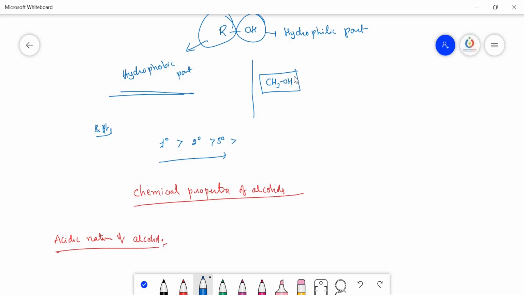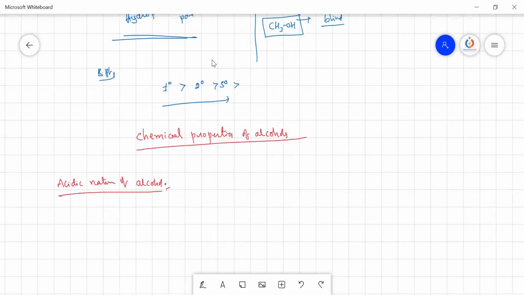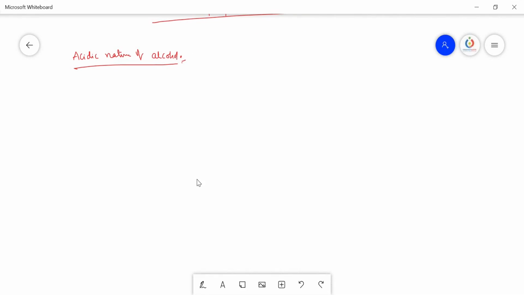If any trace amount of the methyl alcohol is present in the water, it may lead to loss of the vision. So the person becomes blind. So methyl alcohol is poisonous in nature, and rest of the alcohols are not so poisonous. So methyl alcohol should not be present in our food content.